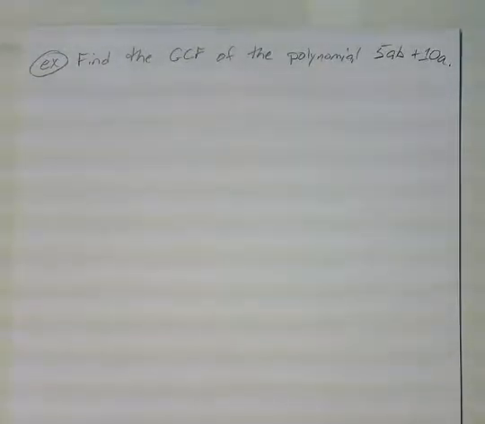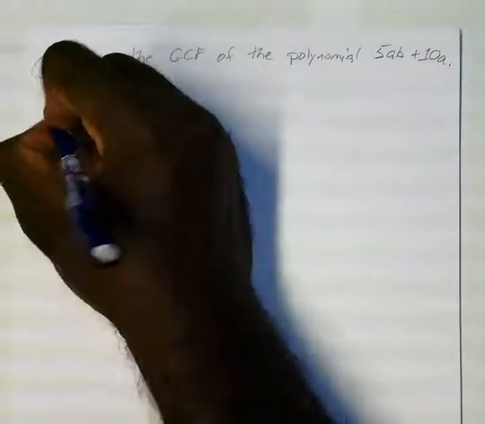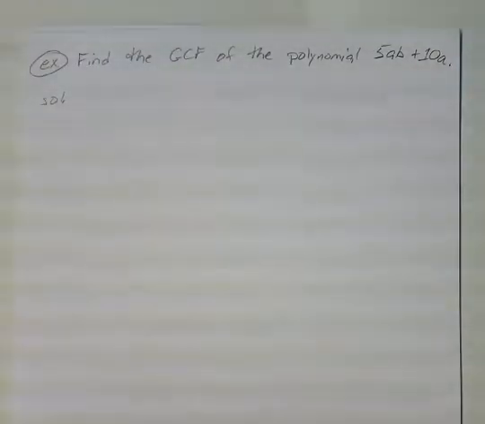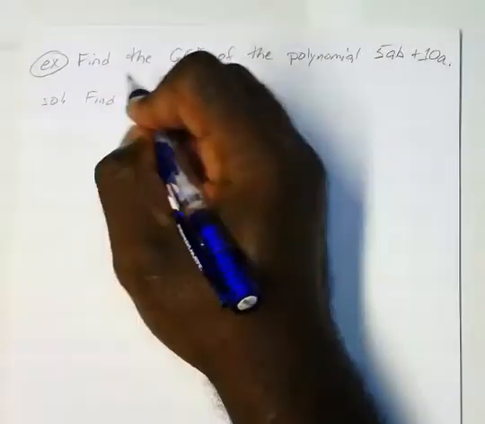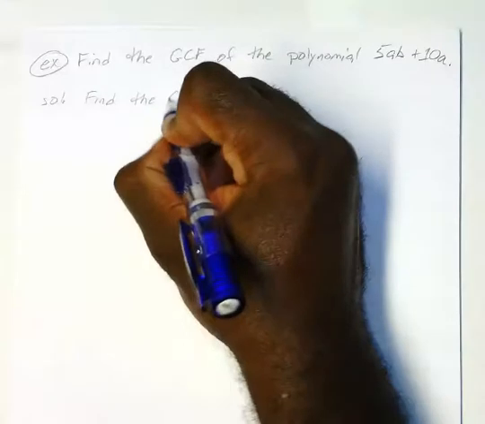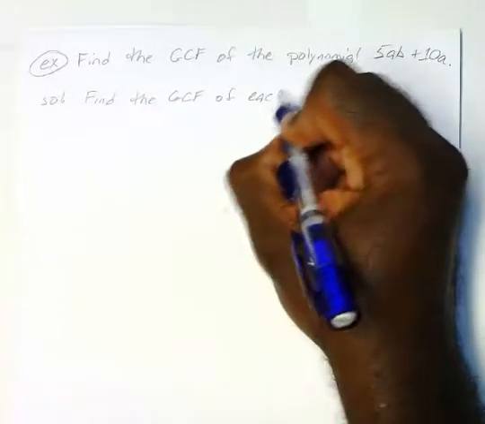Okay. So really that's just asking you what's the greatest common factor of each individual term. And really it's the exact same thing we just finished doing. They just put a plus sign in between them instead of commas. So we find the greatest common factor of each term.